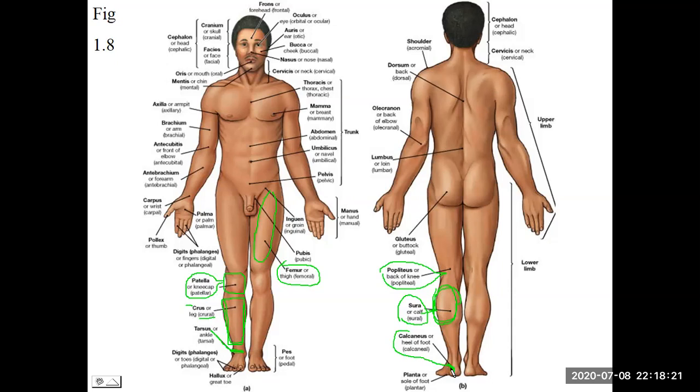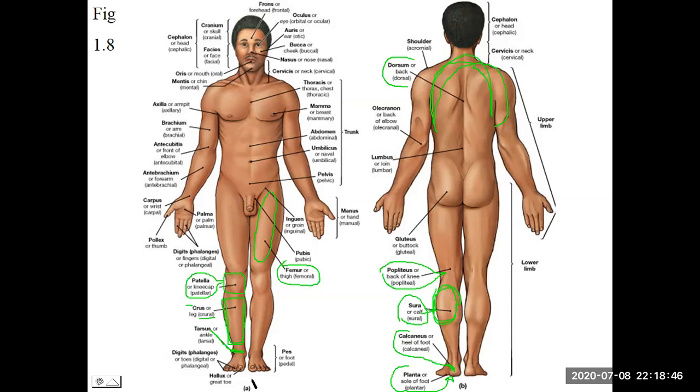Calcaneus. The term dorsal, again, is the general term for the back, and that's what we're seeing here. Plantar, specifically now, that's the sole of the foot, so the inferior-most portion of our body.